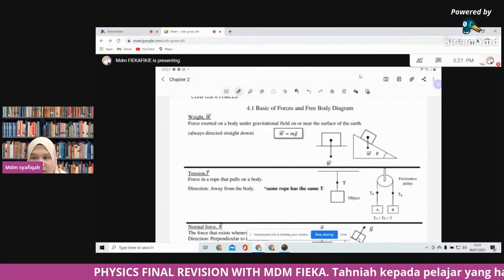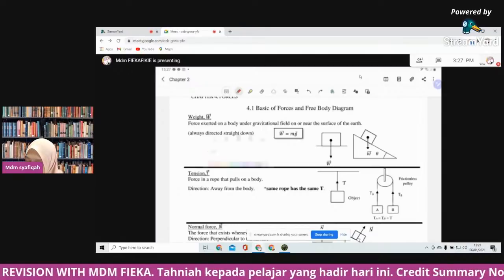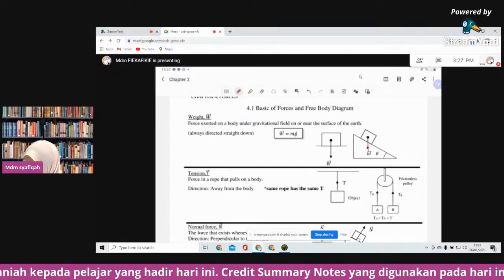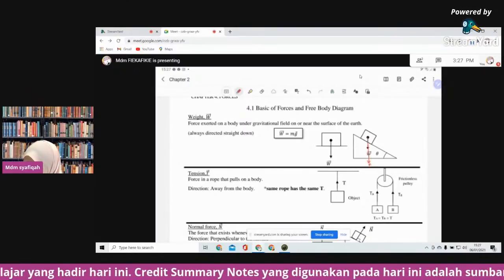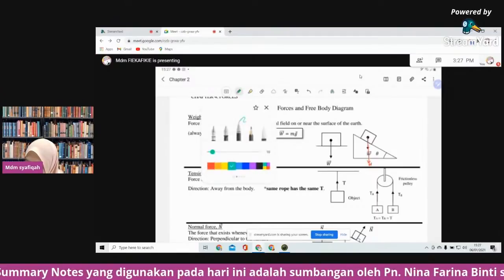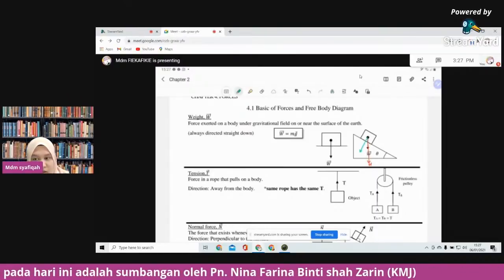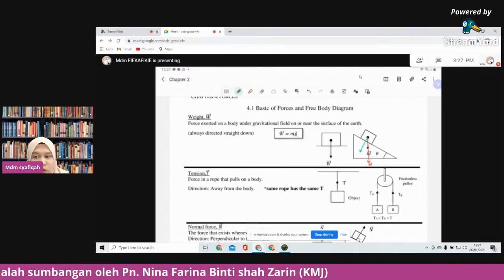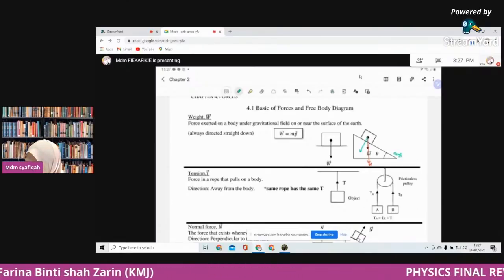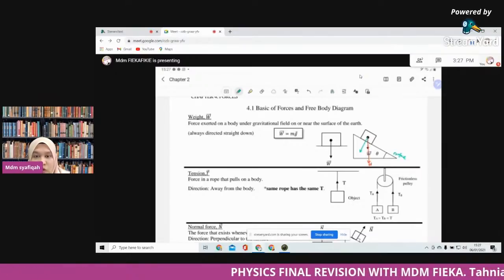Okay, so when we have the inclined plane, make sure you resolve. Okay, W ni you tarik straight ke bawah. The direction of W bukan perpendicular to the surface. Ini surface of motion dia. So W must be perpendicular to the base.